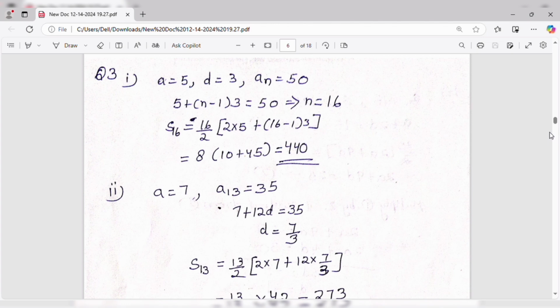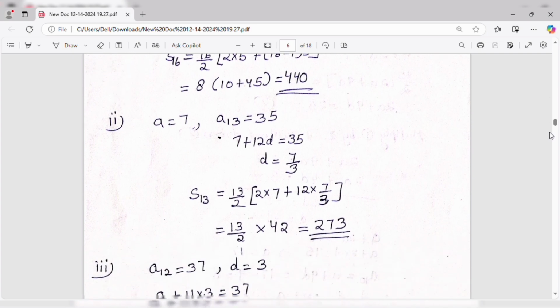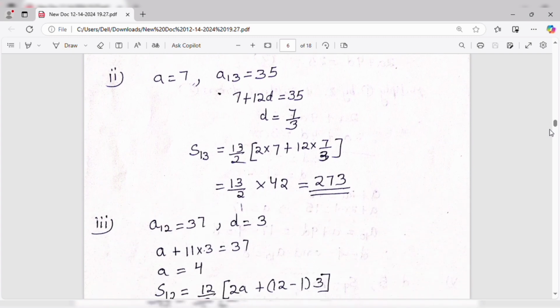So we can use the formulas an and Sn as required by the question. In the first part, a is 5, d is 3, an is 50. First we will apply an as in the previous question and we will get n as 16, and then S16 would be 440.